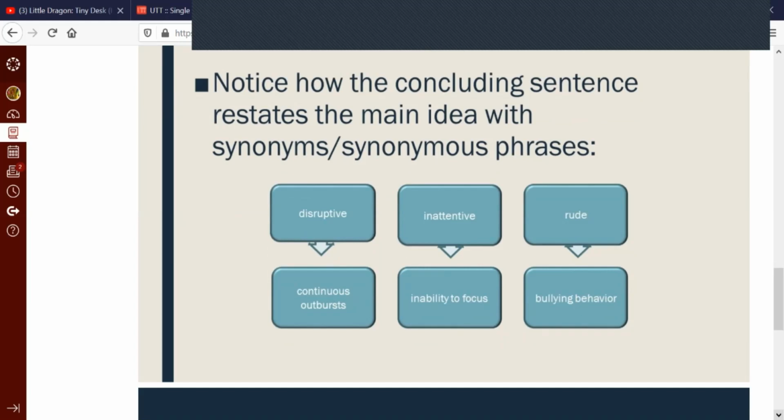So we take those words and we make synonyms, or we use synonymous phrases so that we're repeating the information without repeating the words themselves. So we get to show off a little bit of our vocabulary. In doing that, it makes the writing a little more interesting and less repetitive.